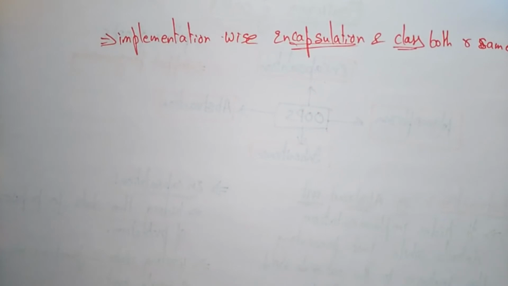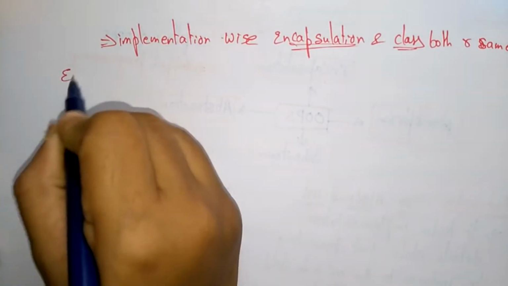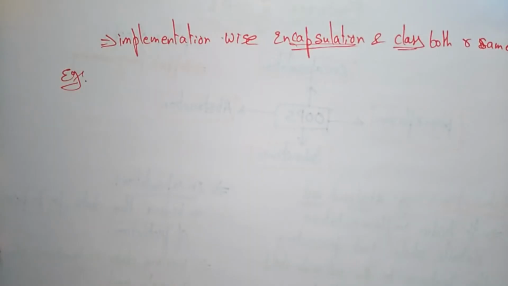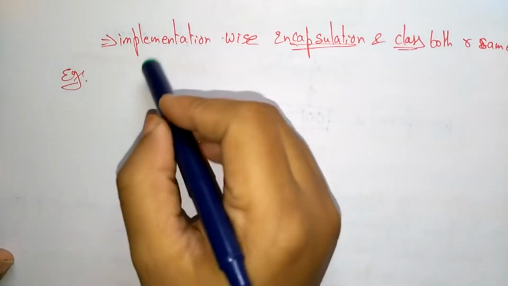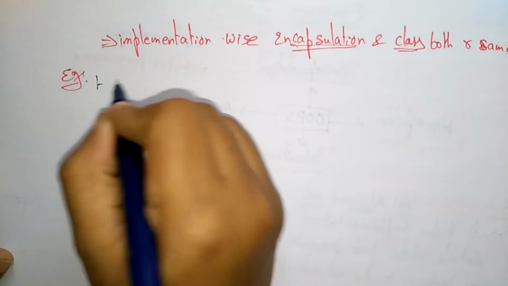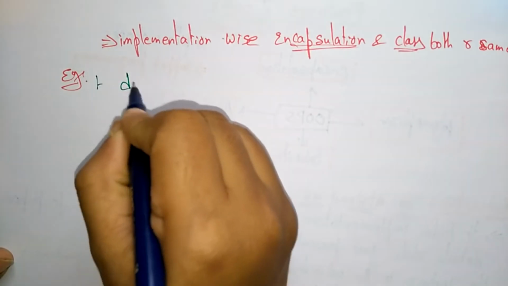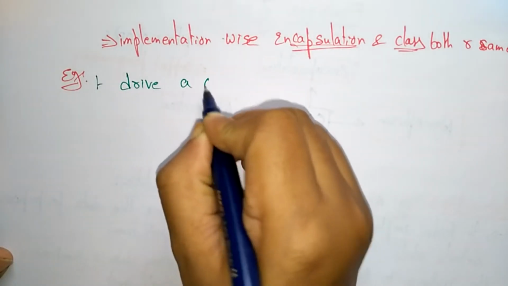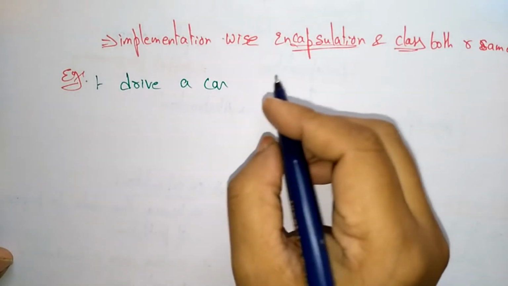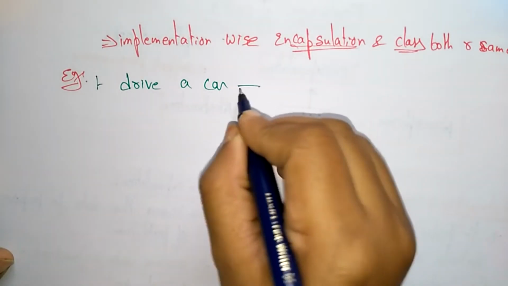Let us take one example to explain encapsulation. Suppose a driver is driving a car. What does the car have?